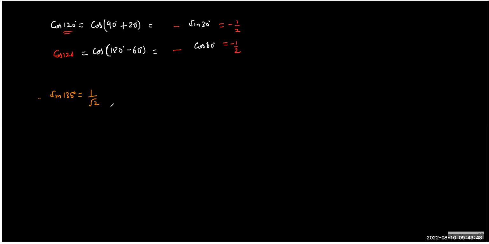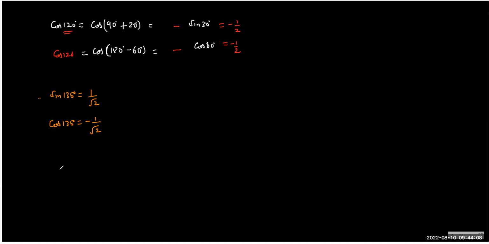But if I ask you what is cos 135, you can get the answer rightly, because it is bound to be negative, no? Which quadrant? Second. Is this clear? Okay.